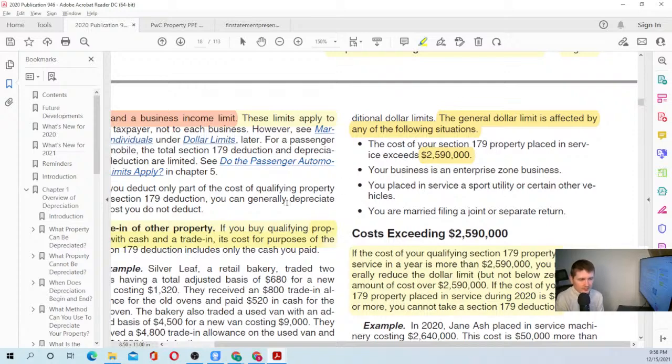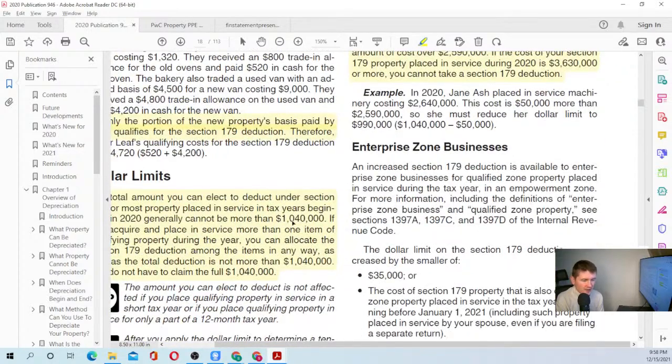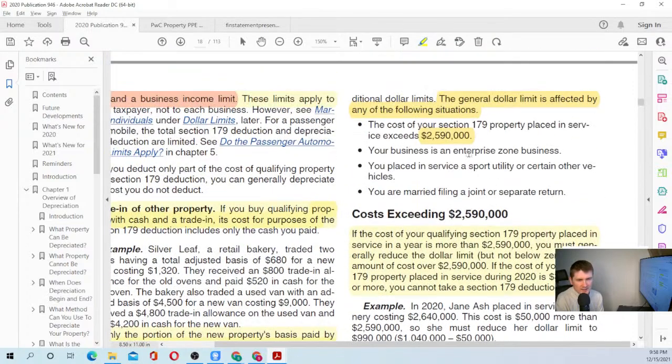So generally your maximum deduction is $1,040,000, but there are limitations and most of them just decrease the amount. If the cost of your qualifying Section 179 property placed in service in a year is more than $2.5 million, you must generally reduce the dollar limit, but not below zero, by the amount of cost over the $2.5 million limit.